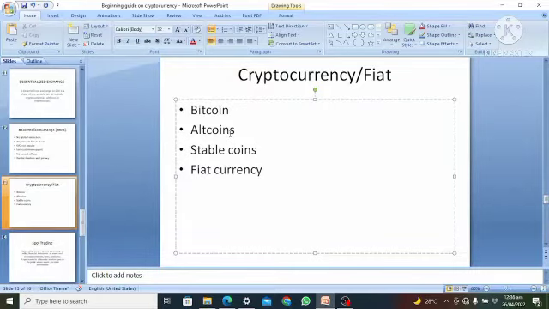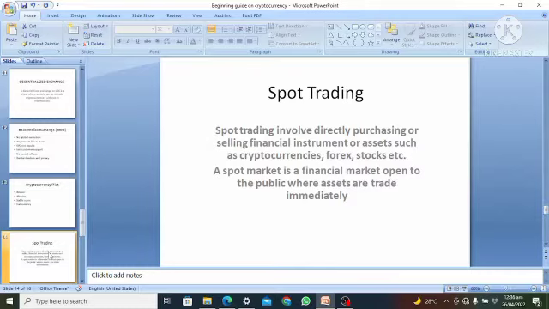So spot trading. At this particular point, that is where I'm going to dive into the trading account. I'm going to show you some simple strategies that you need to know, that you can invest in, engage in, and use to trade well. So number one, we talk about spot trading.